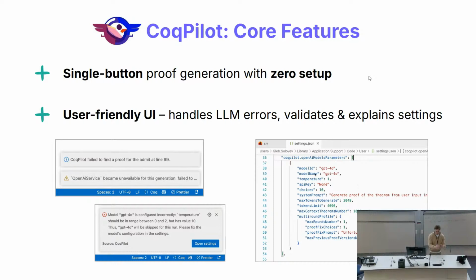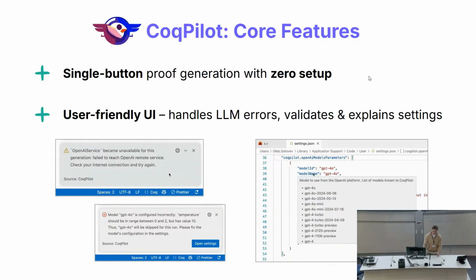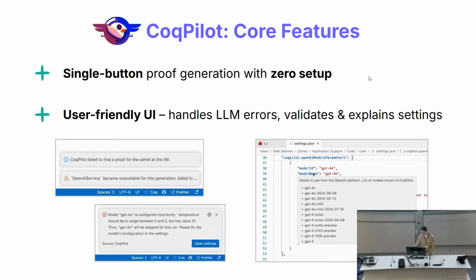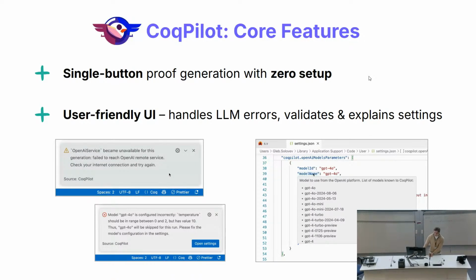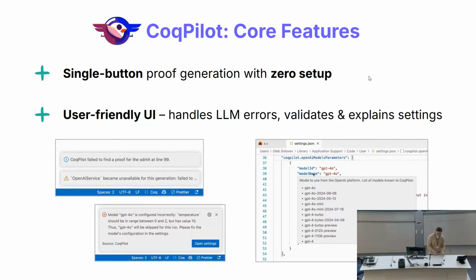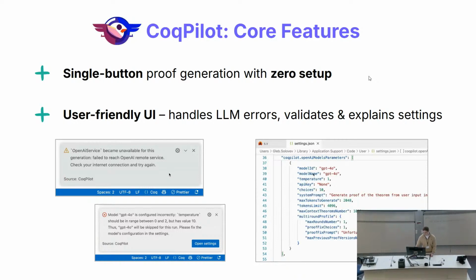You want to try some predefined tactic, then you want to use a cheap model, for example, a DeepSeek model, and then if it doesn't work, you want to fall back to a stronger model, for example, the O1 model from OpenAI, and this is all possible. You just sketch a list of configurations, and CoqPilot falls back through the list until it finds the solution.